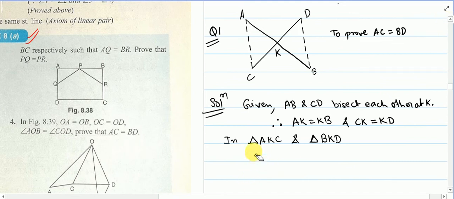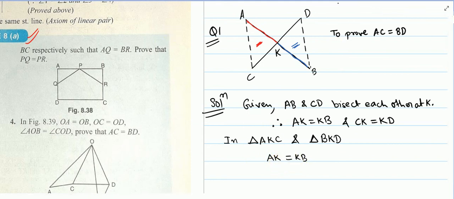In this, your AK will be equal to KB. You can see that this is a side of this triangle, and this KB is a side of this triangle, but AK and KB are equal because AB and CD are bisecting at K. So that's why I've written AK equal to KB, and we shall write the reason.